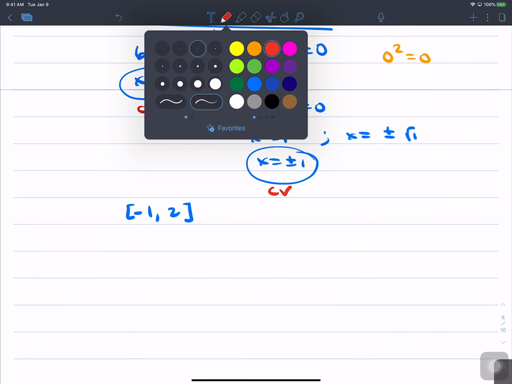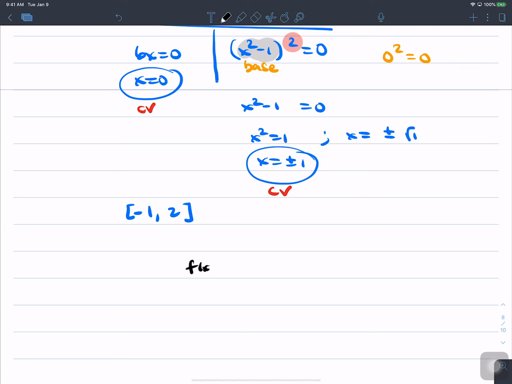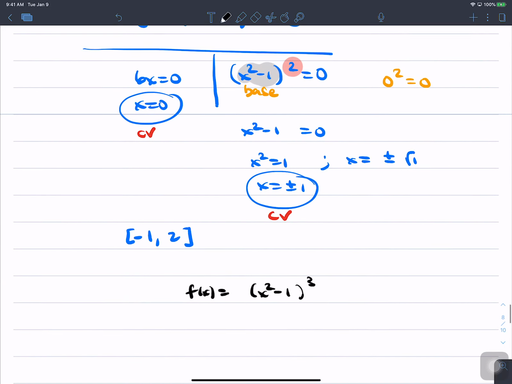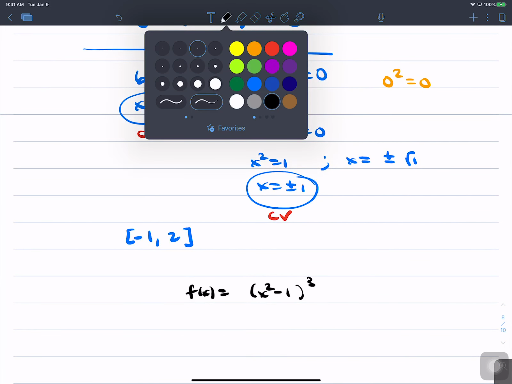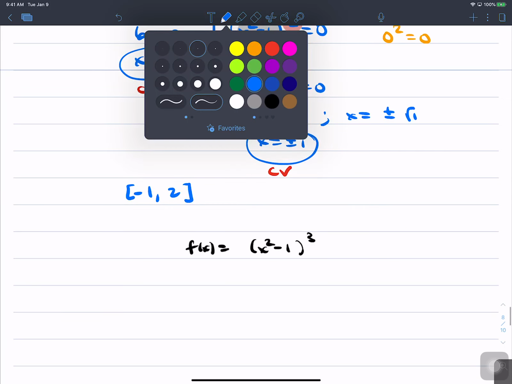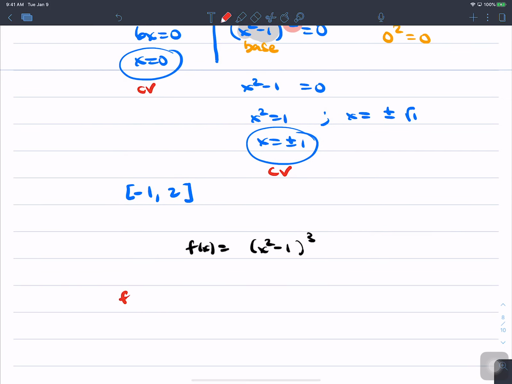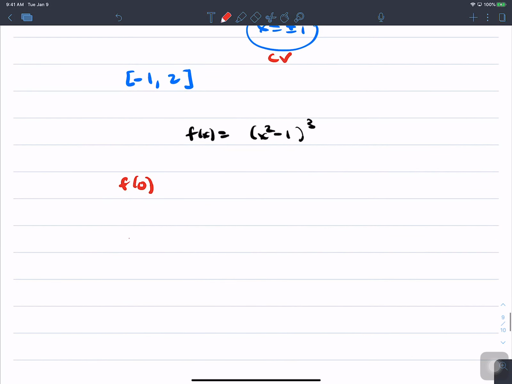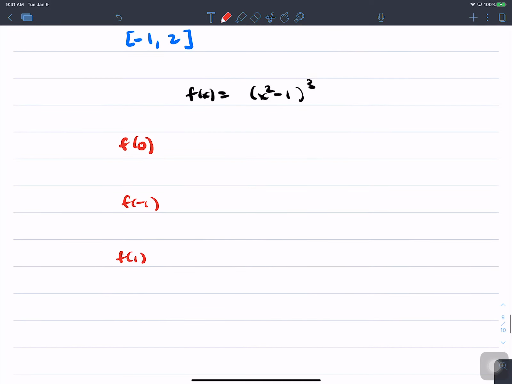I have to check, so let's go back to the function. f of x was (x squared minus 1) cubed. Don't forget, you have to check the endpoints as well. In red, I'm going to put the critical values that we have to check: f of 0, f of -1, f of positive 1.